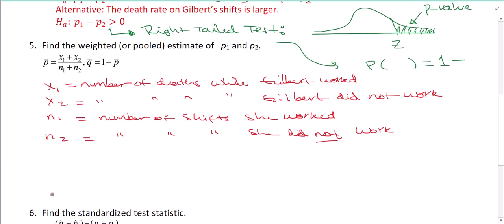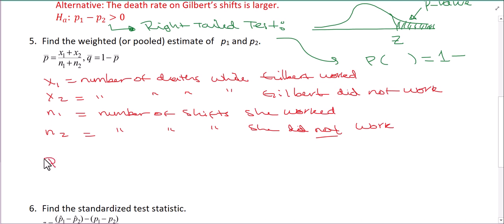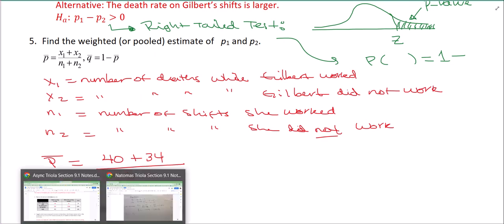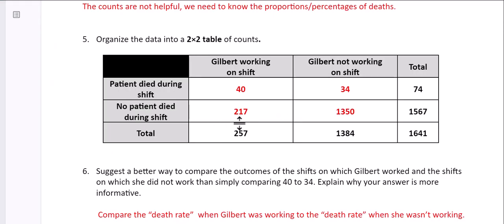All right, so that means our P bar is going to be the number of deaths while she worked, that was 40, and the number of deaths while she did not work, that was 34, divided by her number of shifts, that was 257, and the number of shifts she did not work. What was that number? Let me go back to our notes. We had it right here.